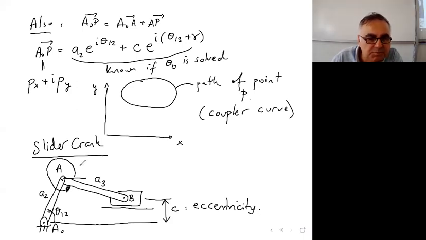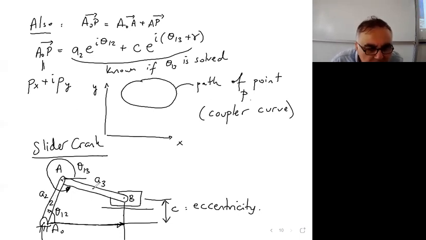If you measure it from here, this is theta 1, 3. Theta 1, 3 is an unknown. There is one more unknown here, which is the horizontal distance between A0 and B. I didn't number the links.